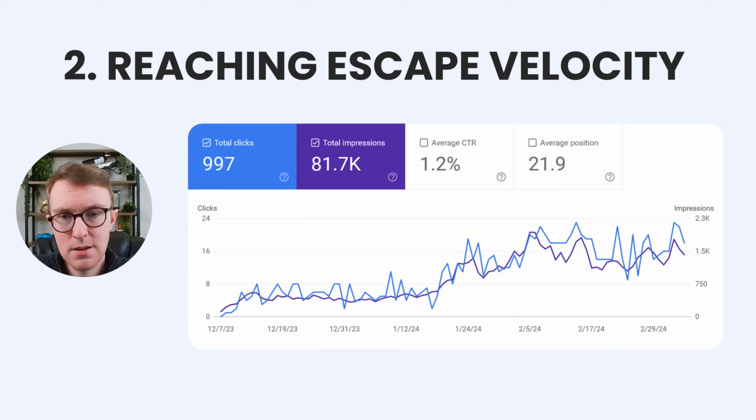And then at some point, in the case of this first graph, it looks like right around the middle of December, it basically takes off, and you can see it bounces between 5 and 10 clicks a day. And then toward February, it starts to pick up, getting 15 to 20 clicks a day.